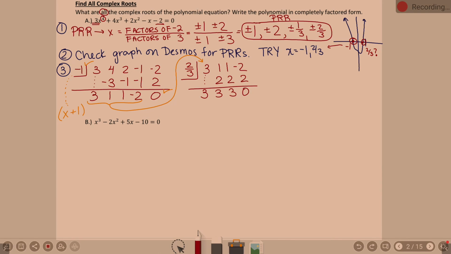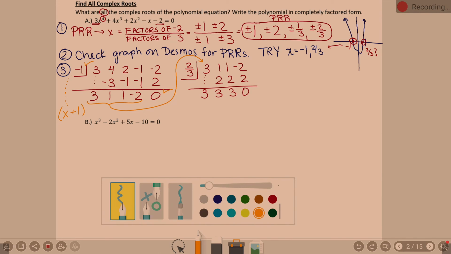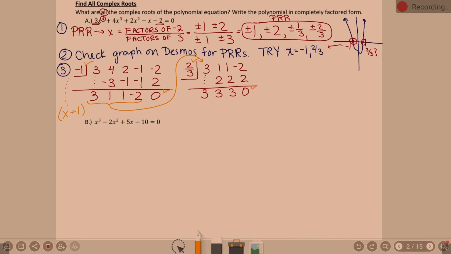First of all, good news is the remainder is 0, so the 2/3 worked, didn't it? If you have to give me that zero, x equals 2/3. What about if you're asked for a factor? X minus 2/3.